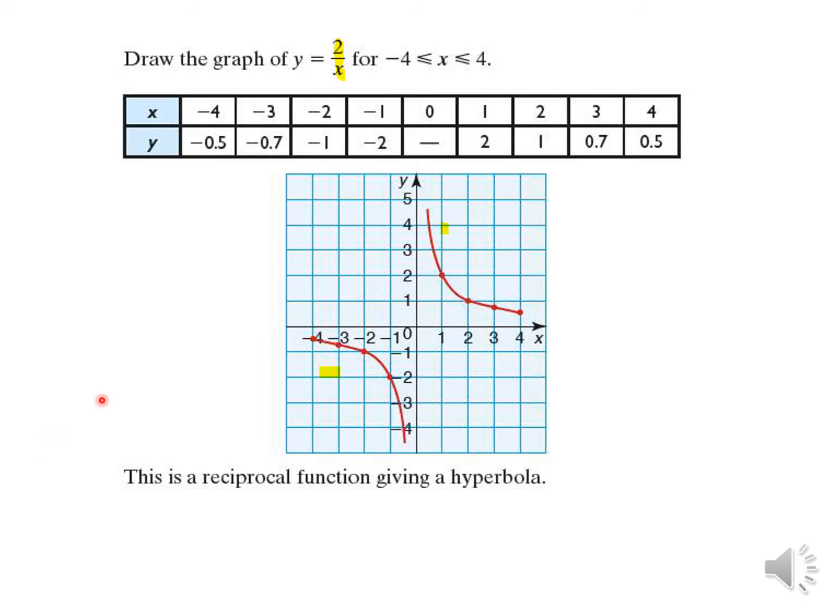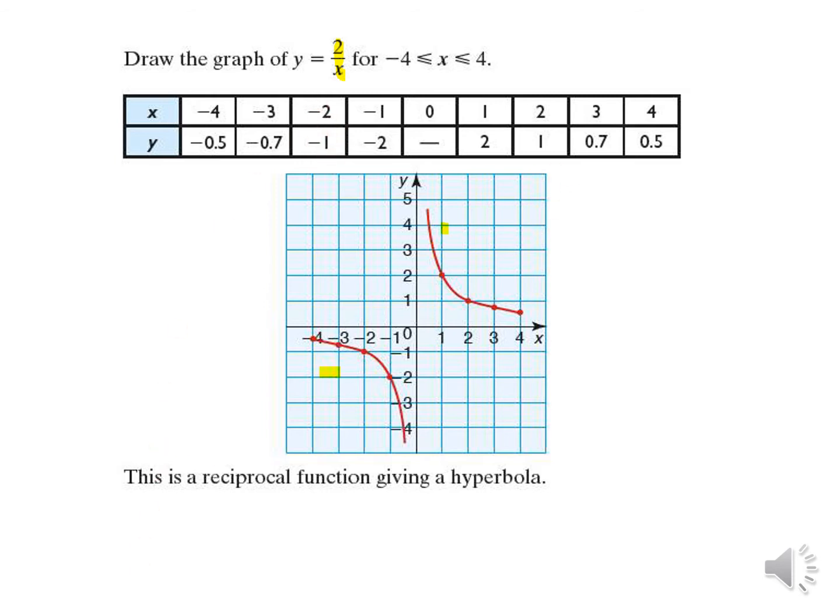For example, when you take x to equal -4 and plug it into your function, you get -1/2. When you take x to be -3, you get about -0.7, to one decimal place. So whenever you choose the values of x, you get the output values of y, and then you plot these values as coordinate points.